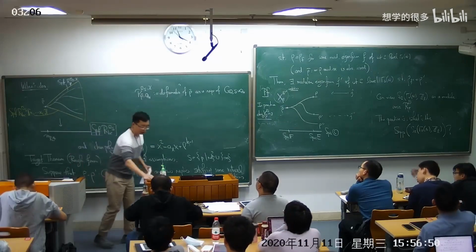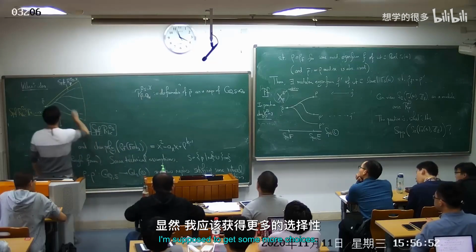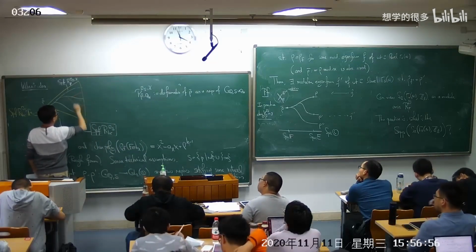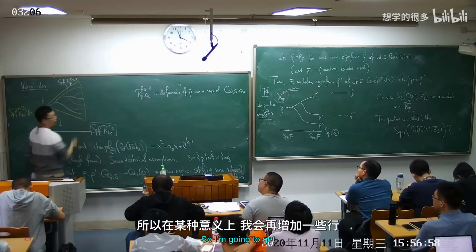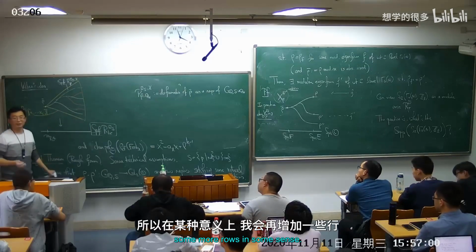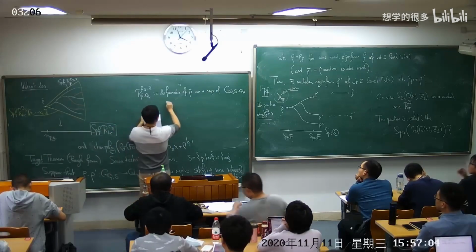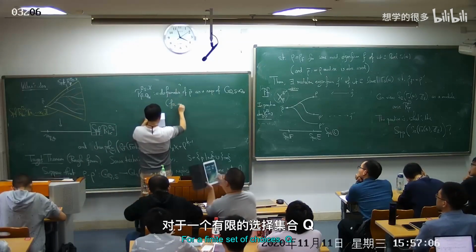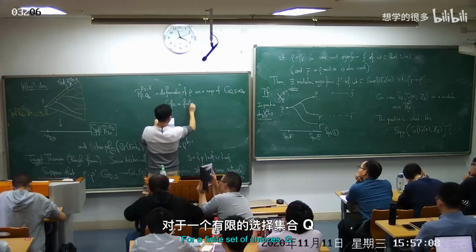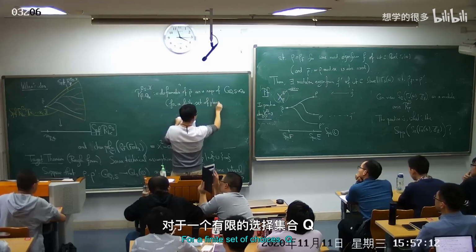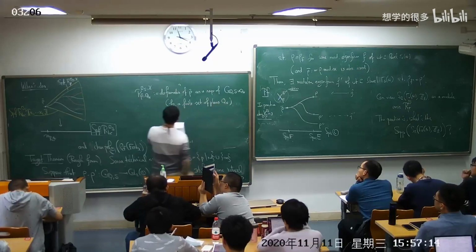Then of course, obviously, I'm supposed to get some more choices. So I'm going to get some more deformations in some sense, right? And also maybe I should also mean for a finite set of places Q_n. Okay.